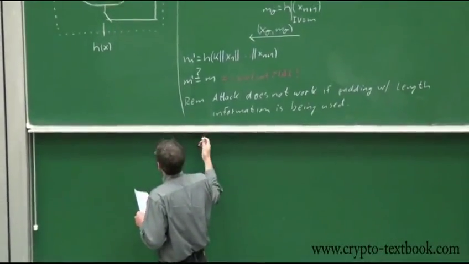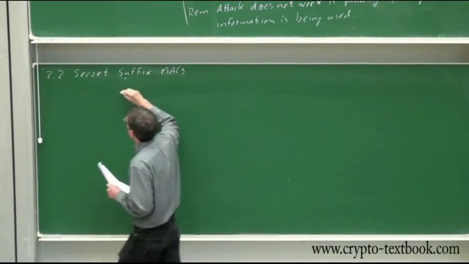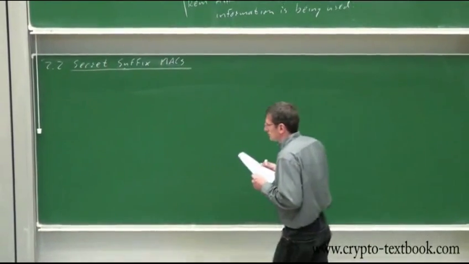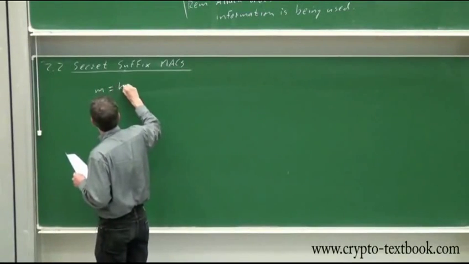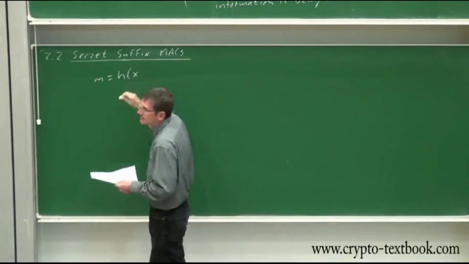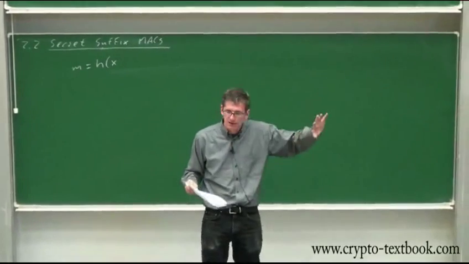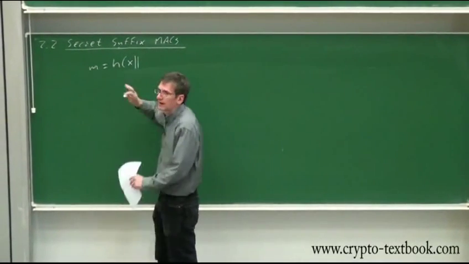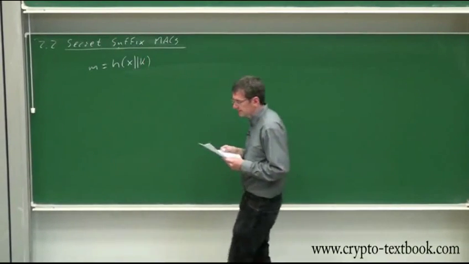MAC. What is that again? We just had problems if we start with the key and x, because then we could maybe append things at the end of x. So why don't we do it the other way around? We do x, and once x is being hashed, we include the key at the end.